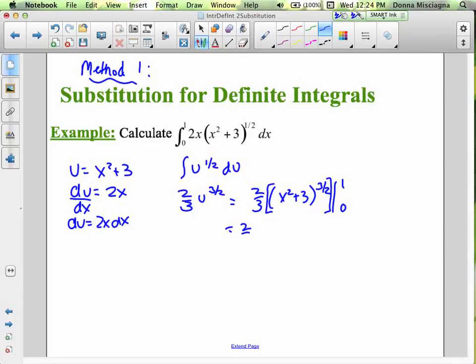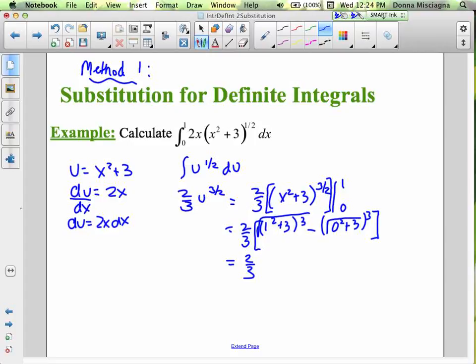So this would be 1 squared plus 3, and we would take the square root of that and cube it, and then minus, we'd have 0 squared plus 3, square root of that, and cube it. And then we'll multiply it by 2/3. And you can see we're getting the same answer.